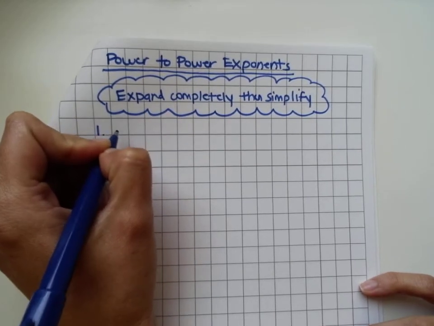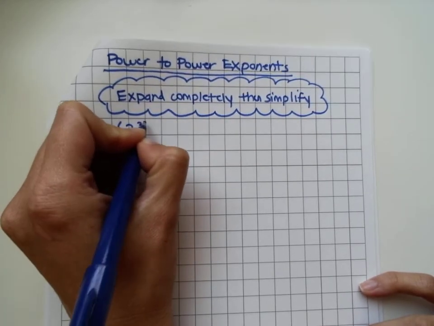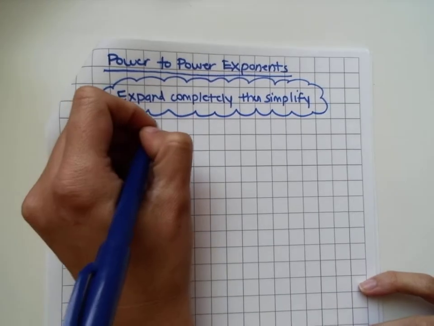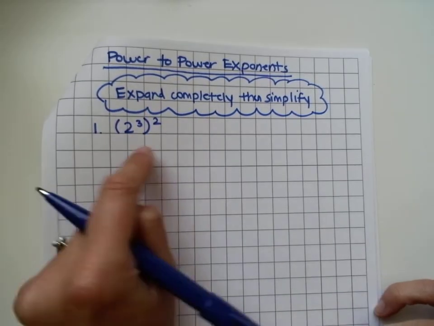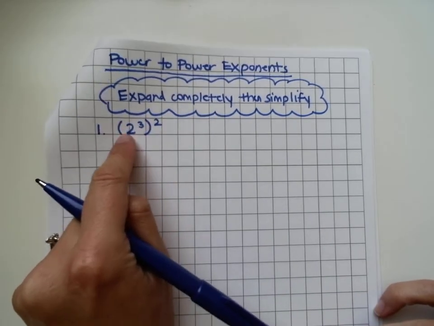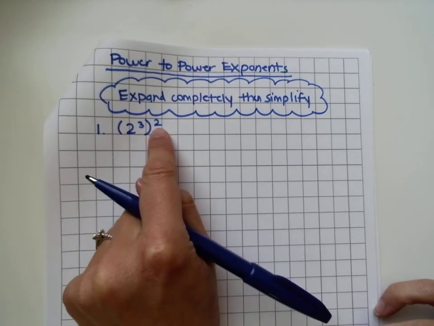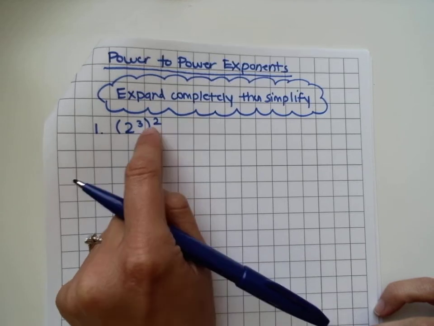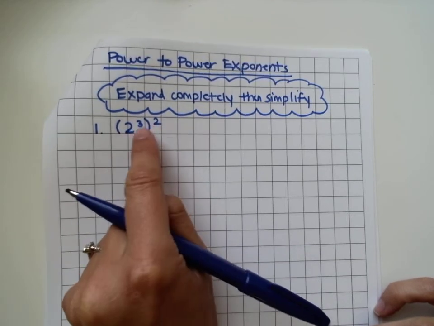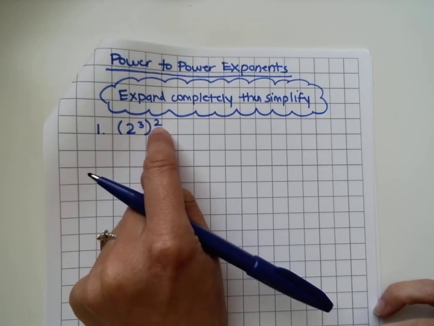So let's say we have 2 to the third power to the second power. Because the 2 to the third power is in parentheses, this whole parentheses is the base of the exponent 2, which means everything in parentheses is being multiplied this many times.